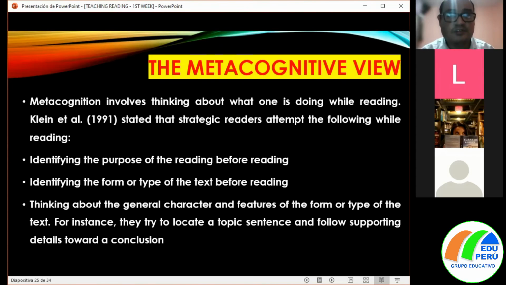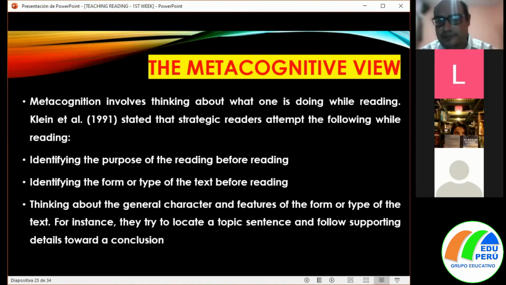This is what you do when you apply the metacognitive view of reading, and that's what I told you, you become a strategic reader. Because you are going to plan. It's like you're creating a plan. What strategies, what things are you going to do when you're going to read something? So that's why we call this the metacognitive view.